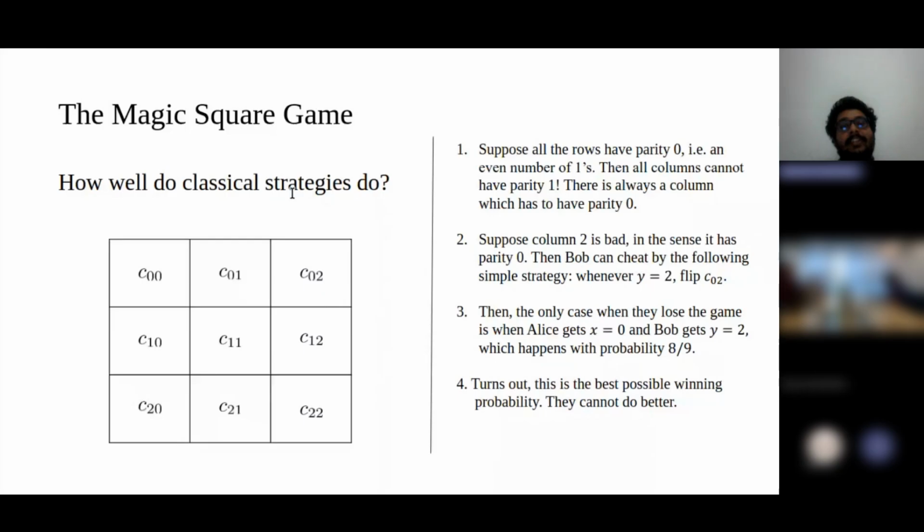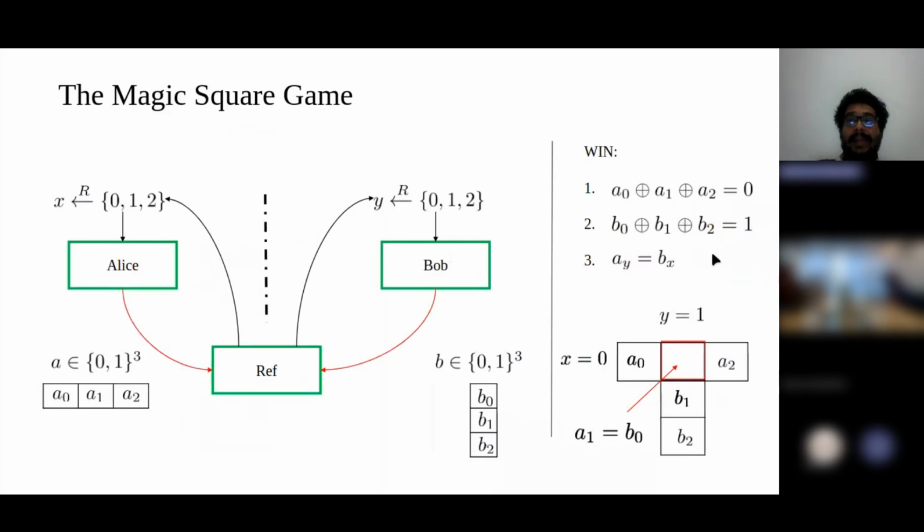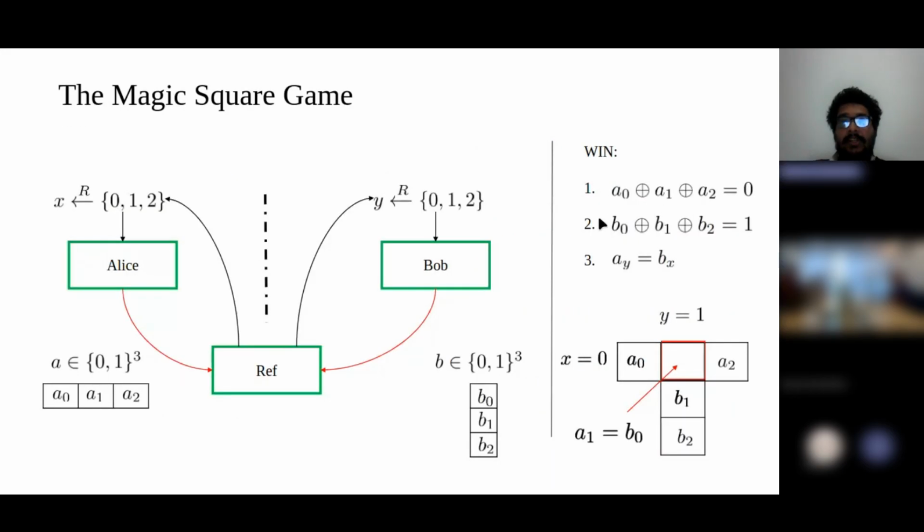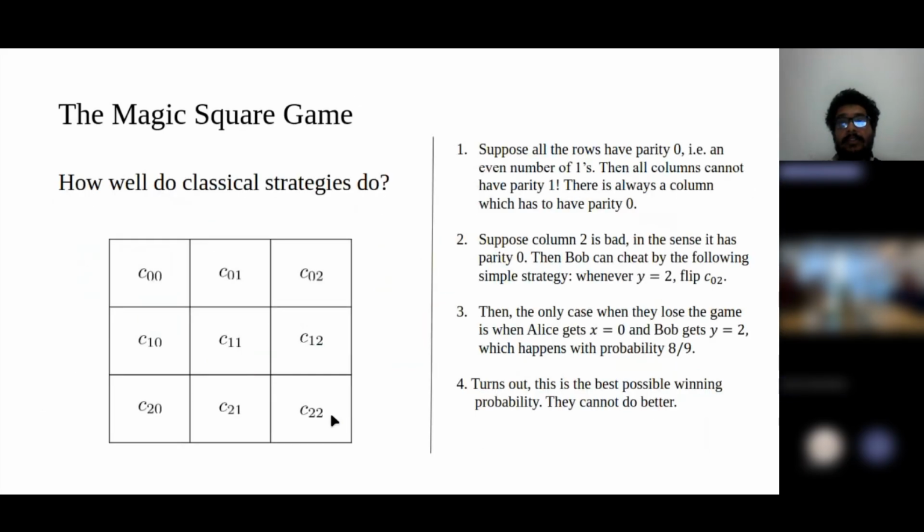That means that the whole table has even parity. But that also means that there is at least one column which does not satisfy Bob's odd parity condition, because if there are an even number of ones in all, there is at least one column where you don't have an odd number of ones. There have to be an even number of ones, right? So filling up a table like this where both condition 1 and condition 2 are satisfied at the same time is impossible. Okay.